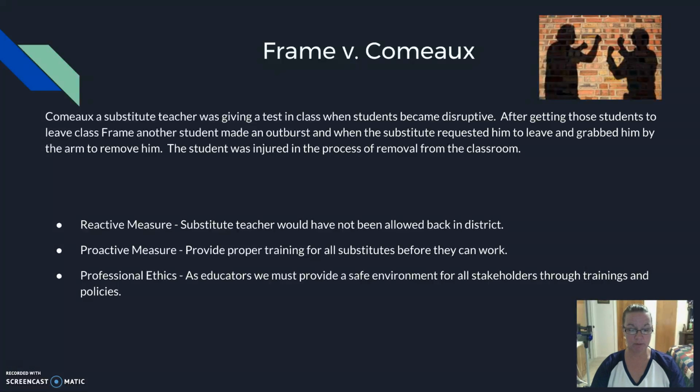Casey was then removed from the classroom. Casey's family filed a suit alleging that the substitute's actions amounted to assault and battery, and argued that the substitute attacked him and that the attack was unprovoked. Even if provoked, Casey argued that the actions were excessive in light of the situation.